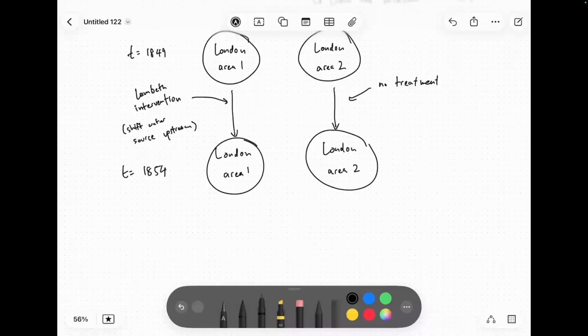So why is it that we do differences in differences, where we are interested in understanding not only the difference for the treatment group from pre-treatment to post-treatment, but also what the control looks like in the absence of treatment? Suppose that we observe a big drop in deaths in London Area 1, but we also observe a big drop in deaths in London Area 2.